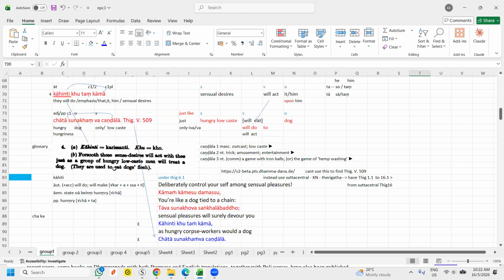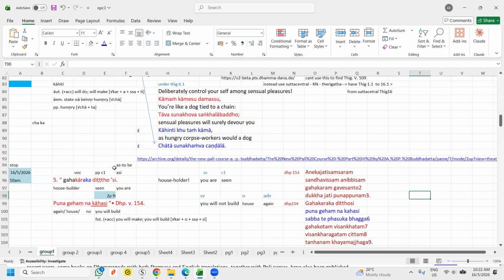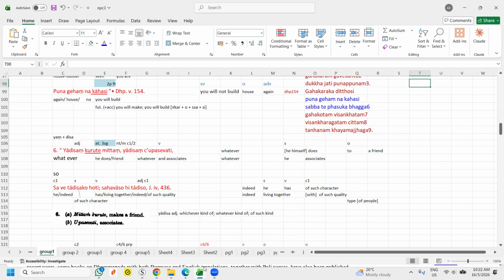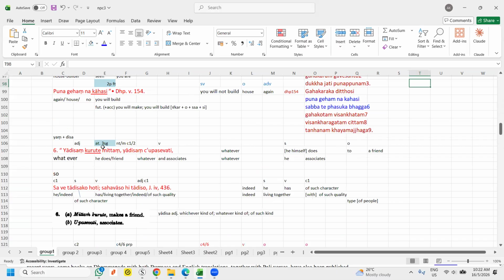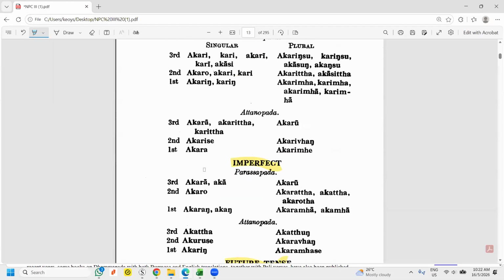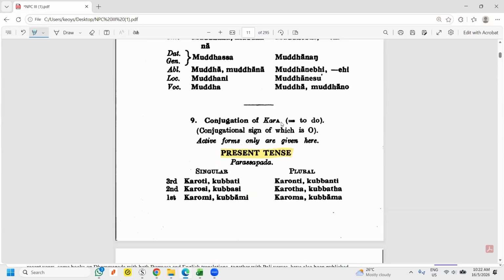If you go into your notes, it is going to be very difficult to find, because you have to scroll through. So in this case, remember: third person singular, Atanopada, present tense. You go to the present tense section. This morning I highlighted my notes in yellow. Can you see?